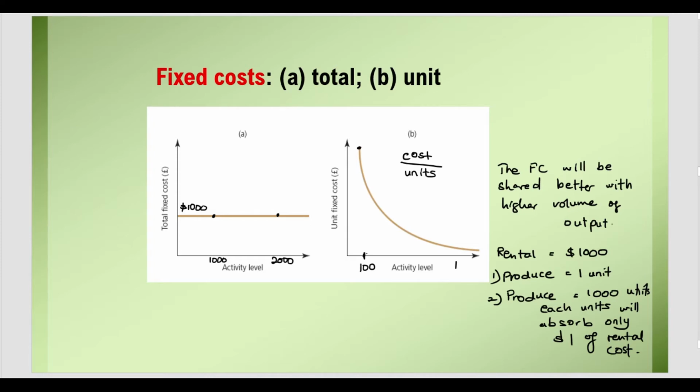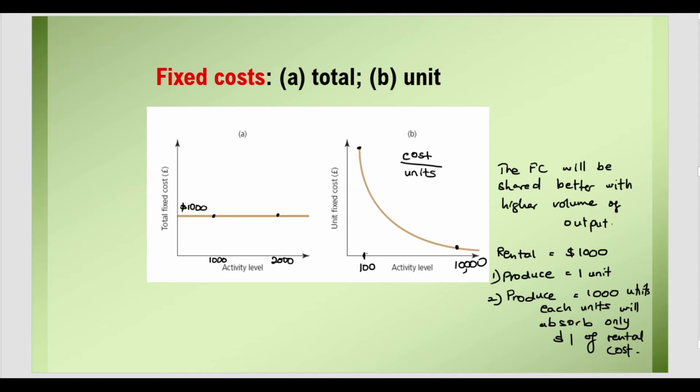However, once the company produces 10,000 units, for example, the fixed cost, which is very high, has now been shared to more units. So, cost per unit will be low. The fixed cost will be shared better with a higher volume of output.